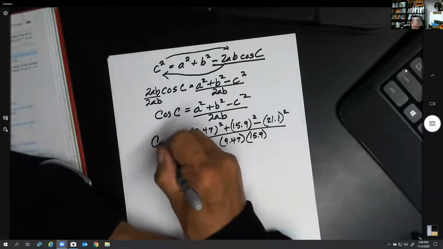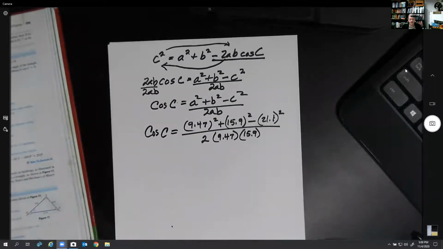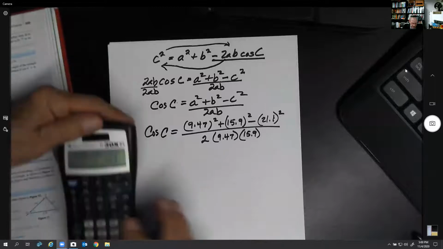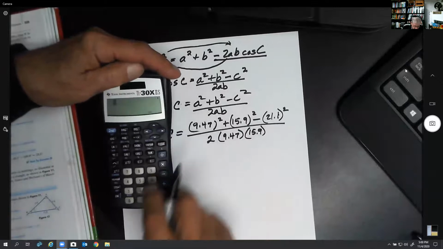And that's going to give me the cosine of C. So what I might do on this particular one is calculate the top, then calculate the bottom, then divide. So I'm going to try it that way.